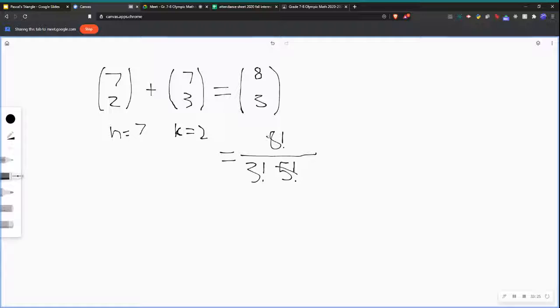To expand that, 5 factorial would cancel out with the last 5 terms in the 8 factorial, and we're left with 6 times 7 times 8. 3 factorial gives you 6, so that cancels out with the 6 over here, and you're left with 7 times 8, which gives you 56. That's your final answer. Are there any questions?